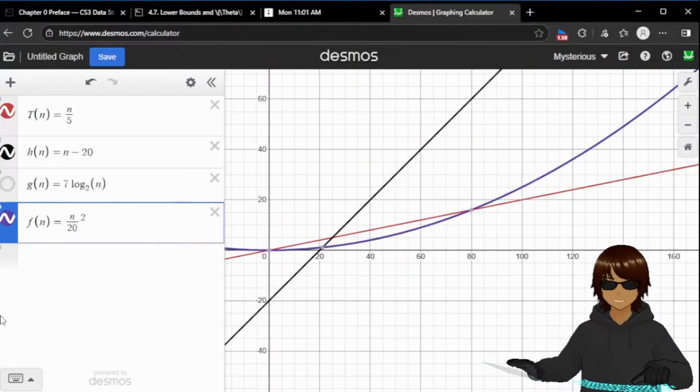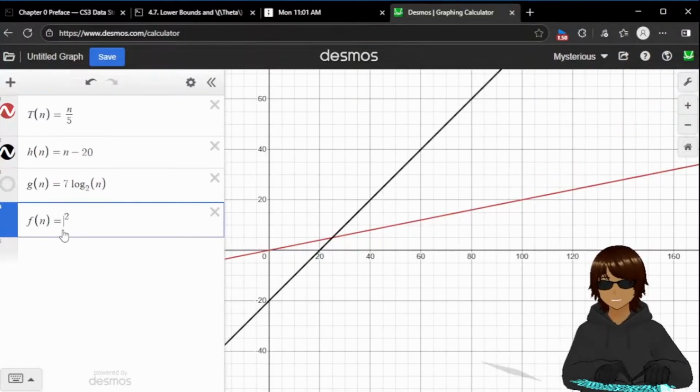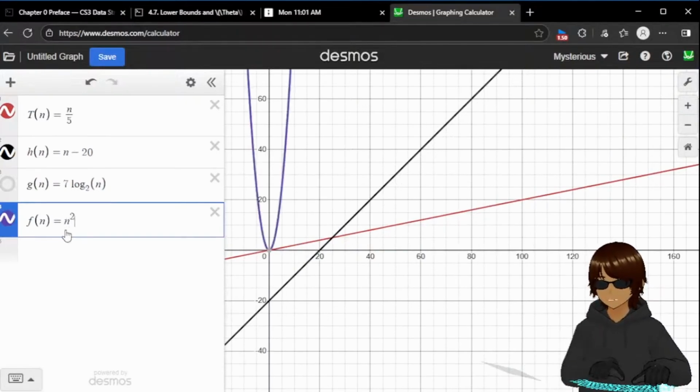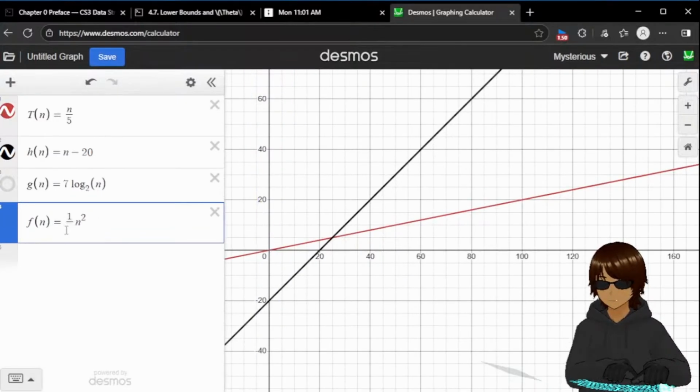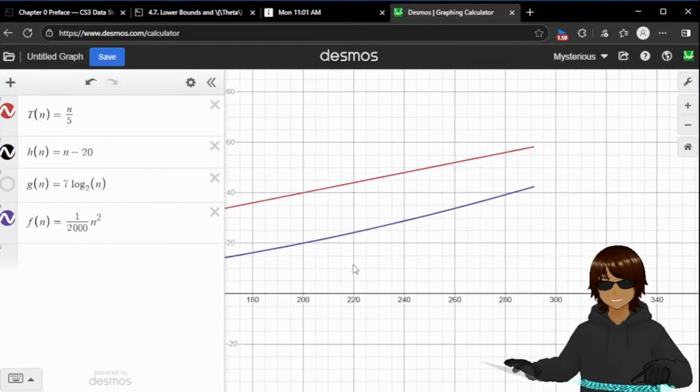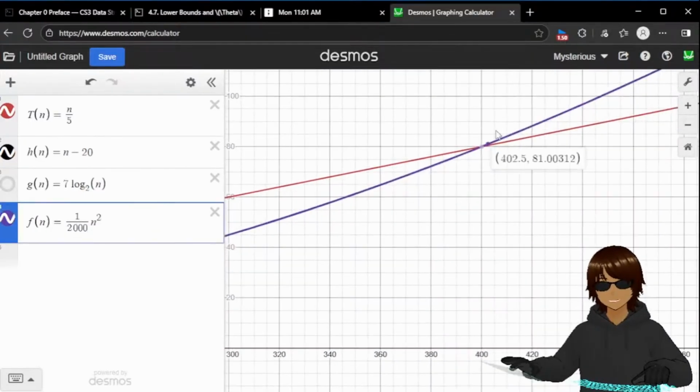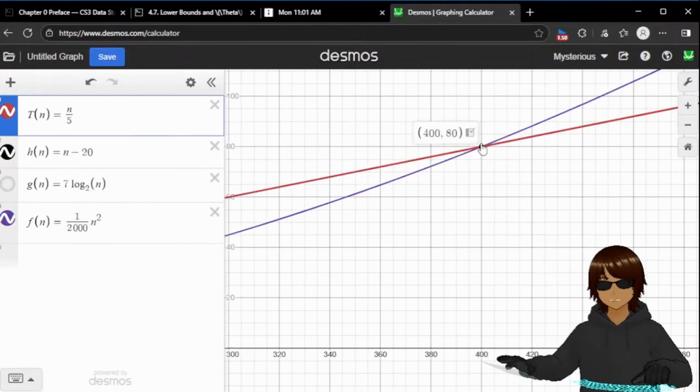Similarly for f(n) over here, no matter how much I stretch or squish it, for example n squared, and let's multiply this by 1/20 to 100, no matter how much I shrink it, f(n) is always going to surpass T(n) at some point.